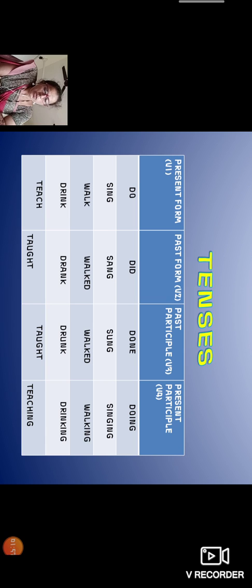Here, I just want to tell you once again that the short forms for the verbs are V1, V2, V3, and V4. This you remember. V1 is given for present form, V2 is given for past form, V3 is given for past participle, and V4 is given for present participle. So I'm just going to read it for you. Do, did, done, doing.